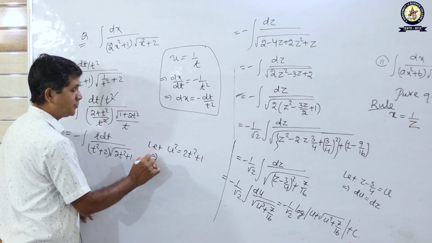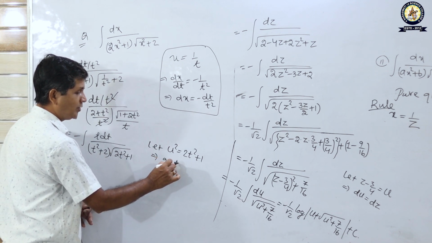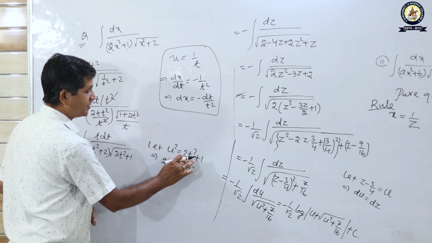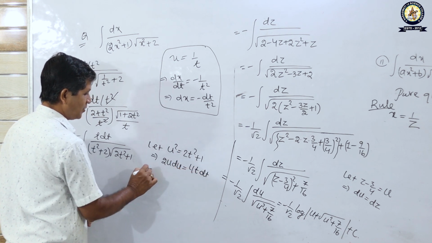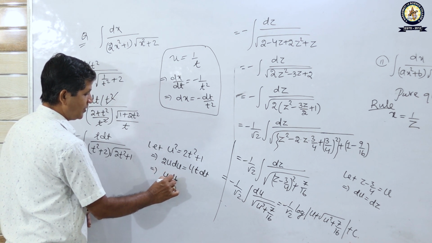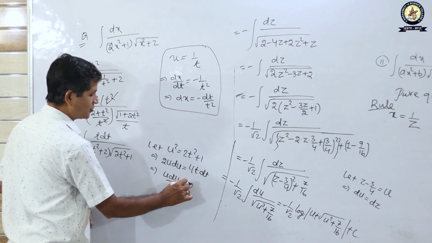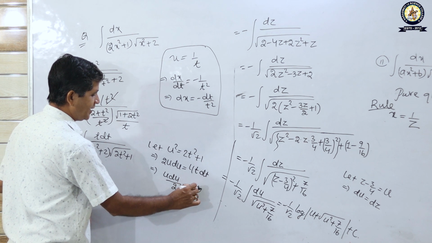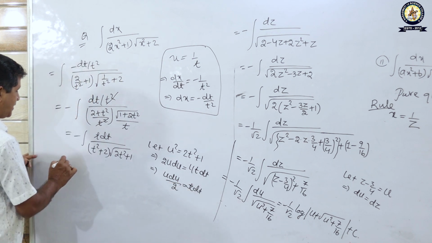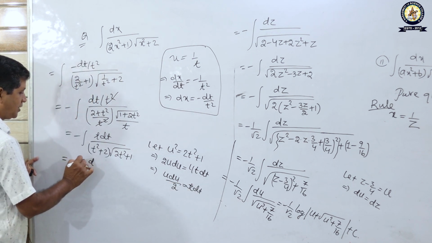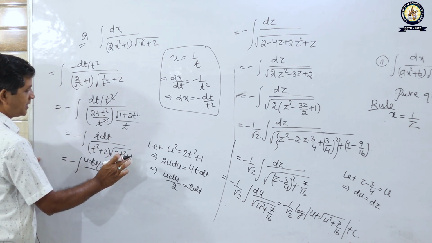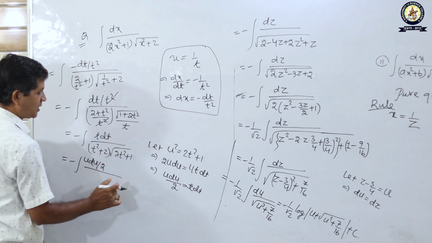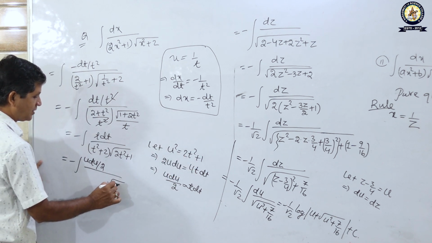What is the derivative of u square? It is 2u. 2u into du is equal to the derivative of 2t square, which is 4t into dt. So u du by 2 is equal to t dt. So it is minus u du by 2 divided by, what is 2t square plus 1, it is u square, root over of u square.